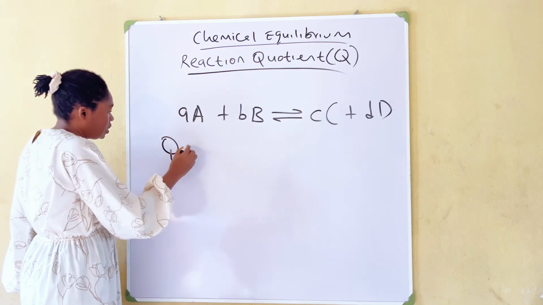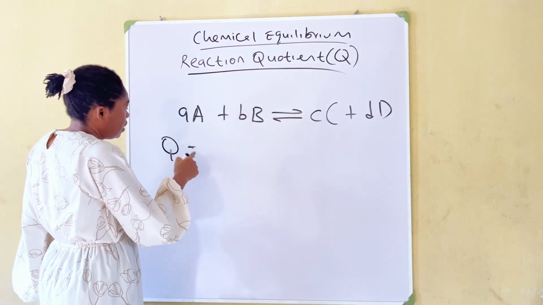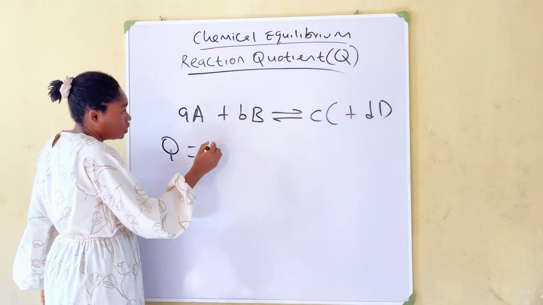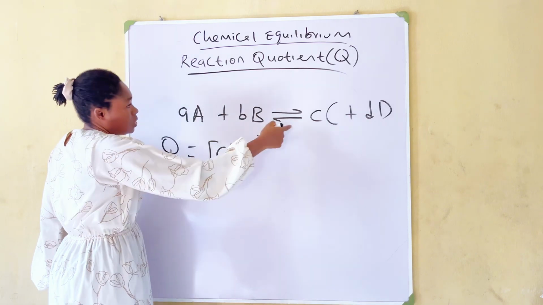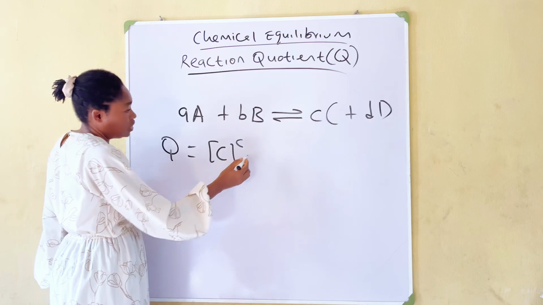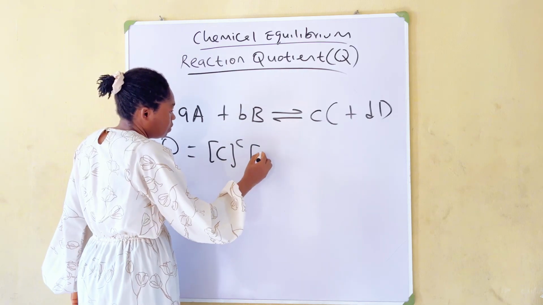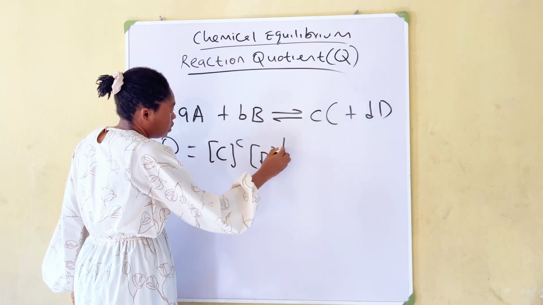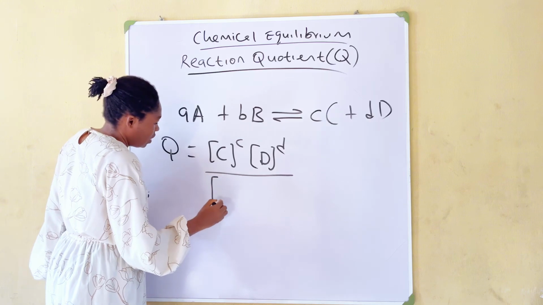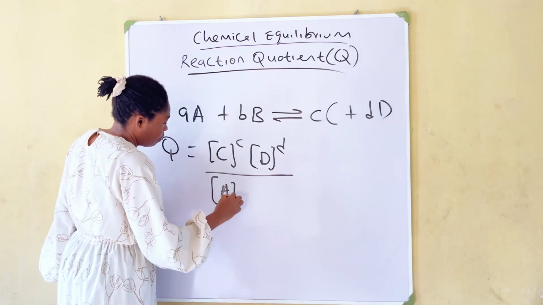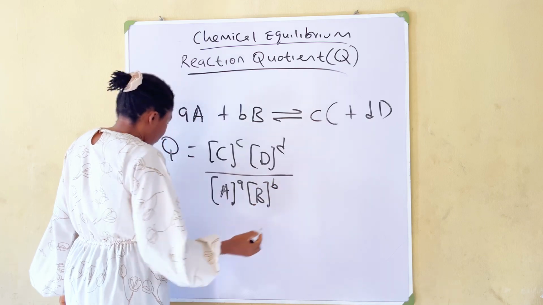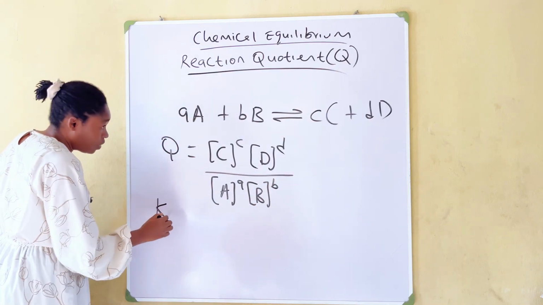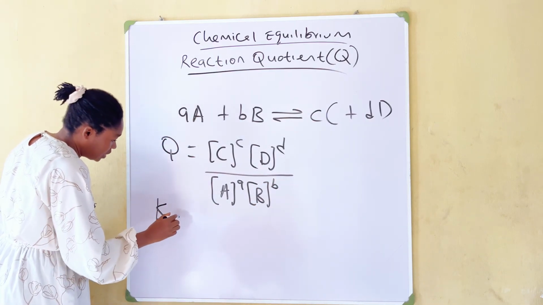So let's write a law of mass action for this. The concentration of the product raised to the power of the stoichiometric coefficient, so the one of C and D over that of A and B.